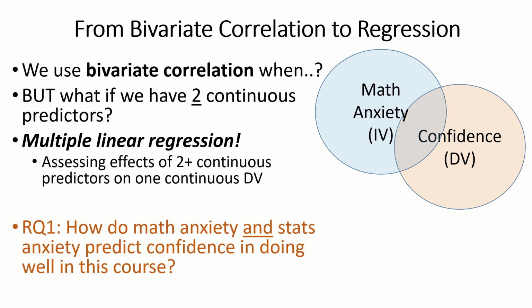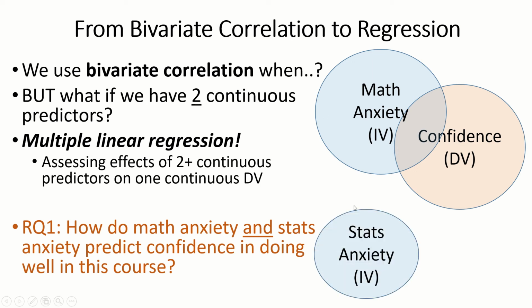The research question we're first working with here is, how do math anxiety and stats anxiety predict confidence in doing well in this course? So now we have three variables: two continuous predictors, math anxiety and stats anxiety, and one continuous outcome, confidence in doing well in the course.